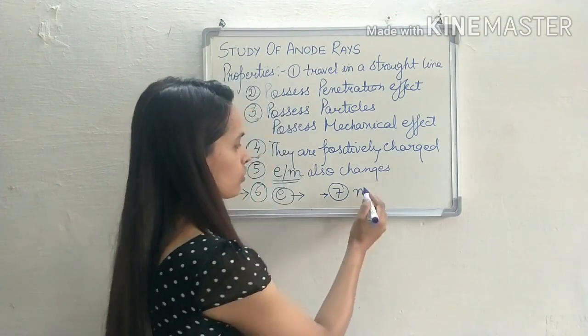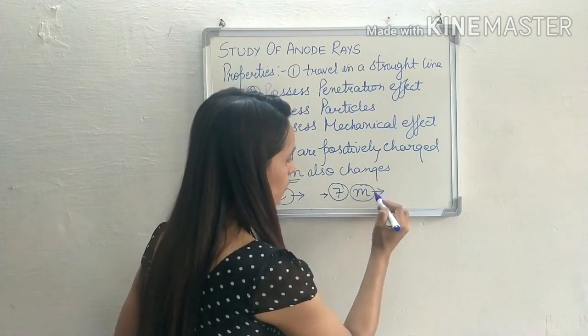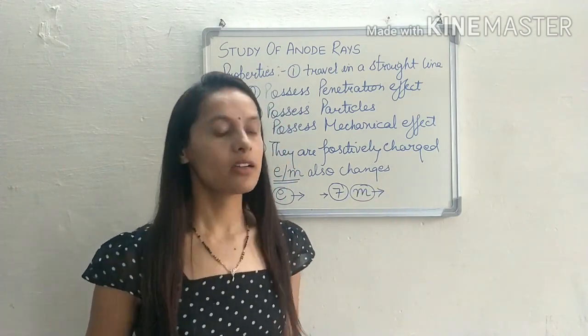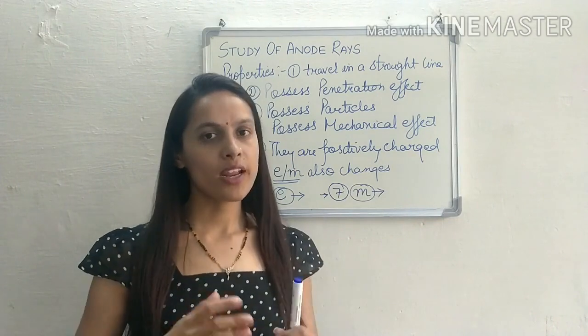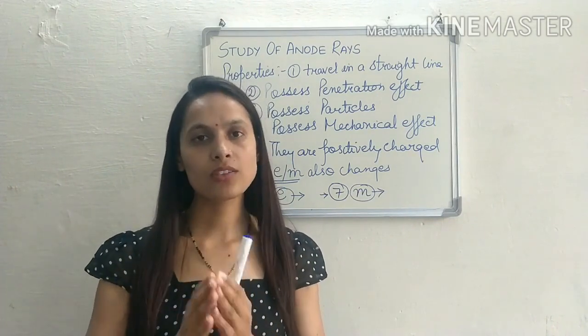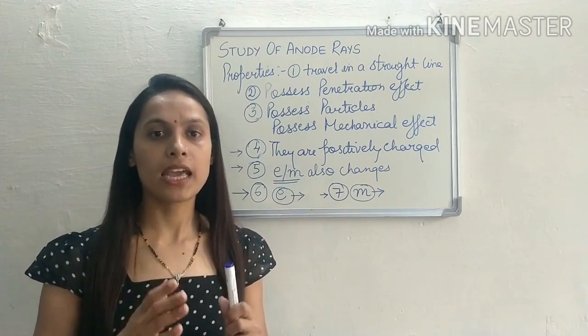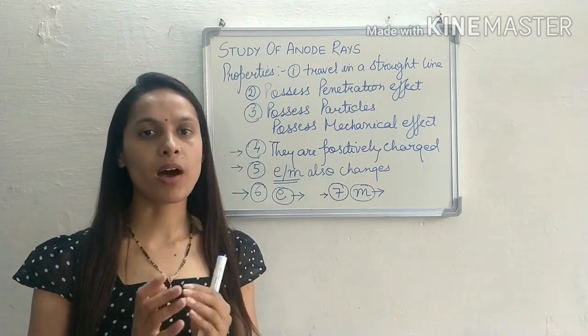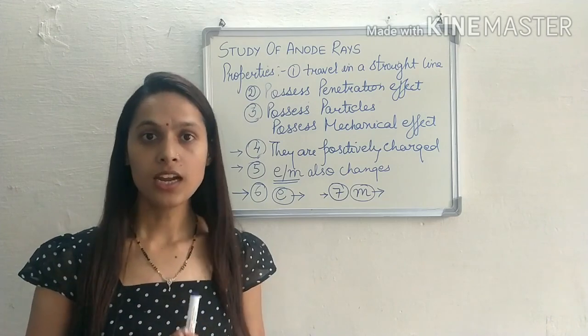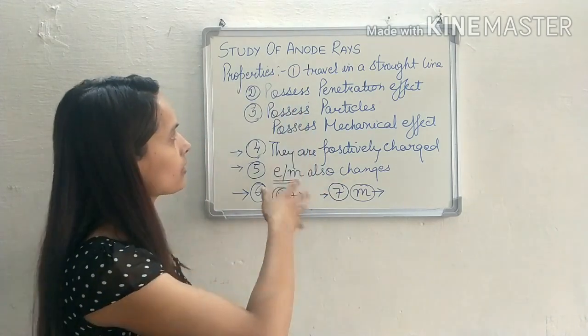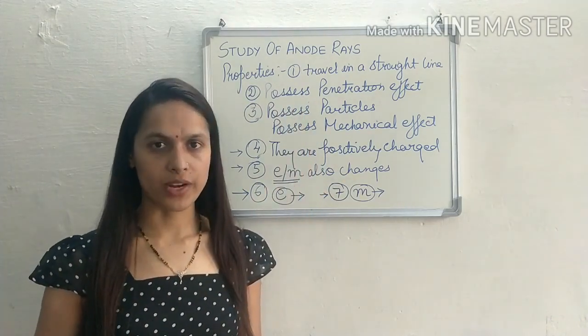But in this also, one thing is noticed that the mass of the anode ray, when we are changing the gas, which they were calculating, is nearly equal to the mass of the gas which is taken in the discharge tube. So these are the properties of the anode rays.